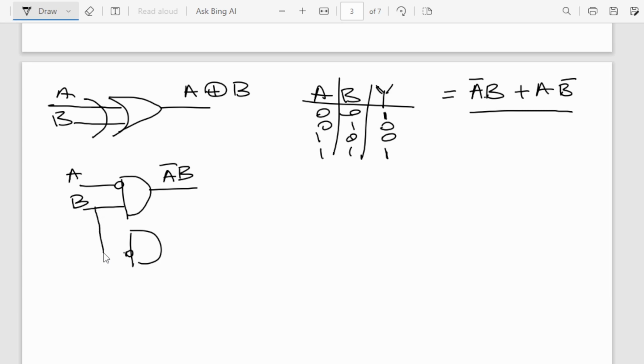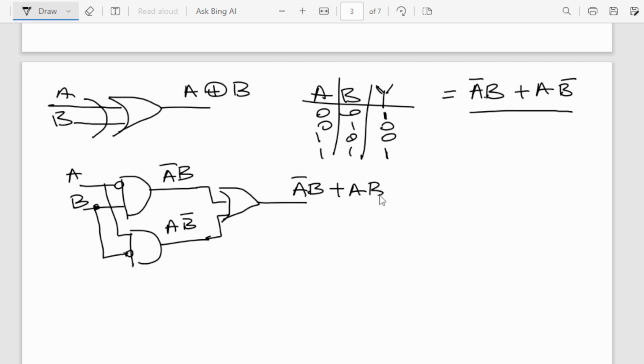So instead of drawing A and B, I'm just going to connect it right here. Make sure we have a connection right there. So the output here is A B bar. Now they are all together because the plus represents OR, and so we can draw an OR gate and connect them to the OR gate as the inputs. Now the output here is going to be A bar B plus A B bar, right?